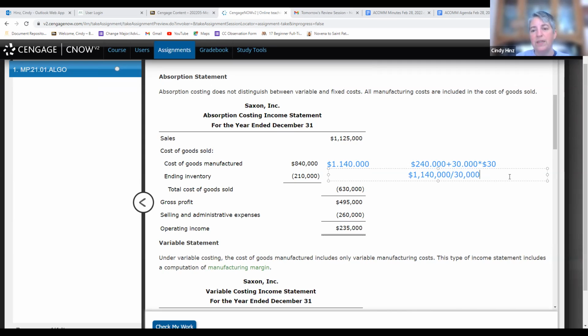And we're going to have 15,000 units in ending inventory. I might as well put the negative with that to remind us to subtract.